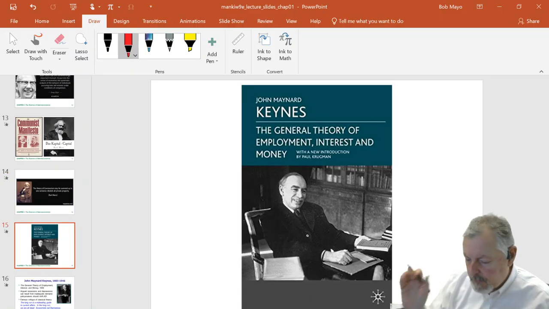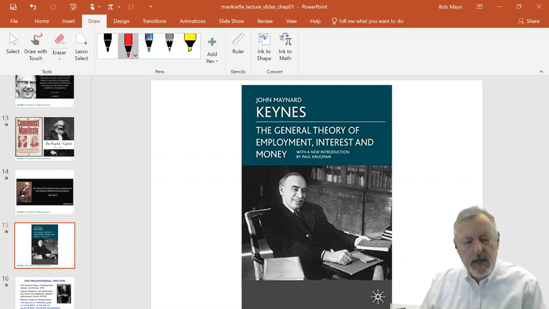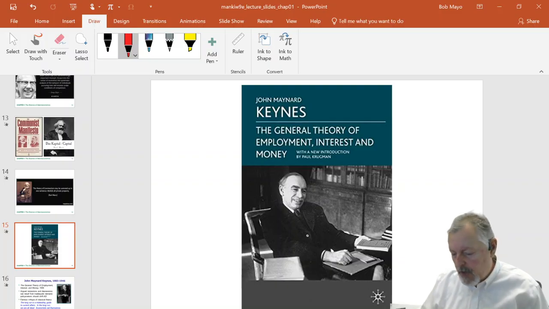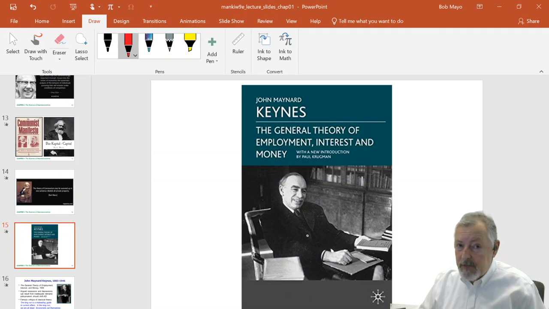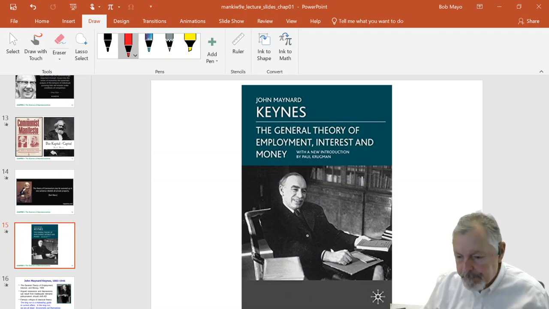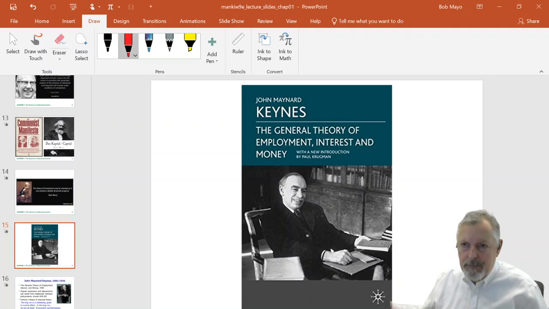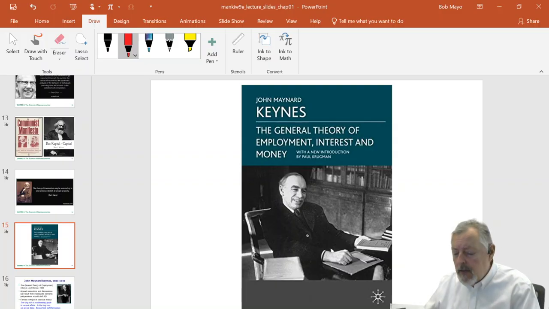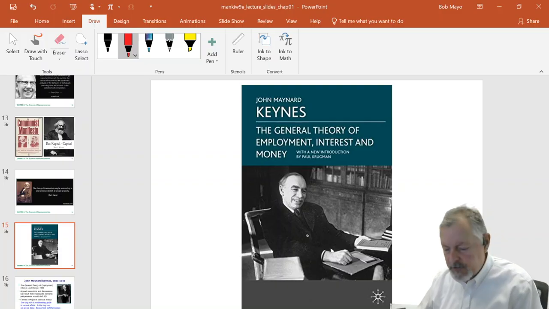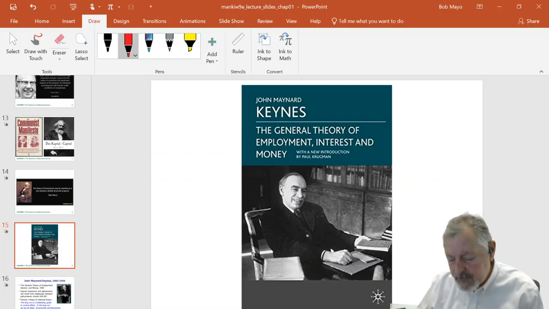Here's another originator of a school of economic thought, John Maynard Keynes. In the early 20th century, he wrote The General Theory of Employment, Interest, and Money. That's one heck of a title. For the mid half of the 20th century, most Western economies, developed economies, followed what became known as Keynesian economics.